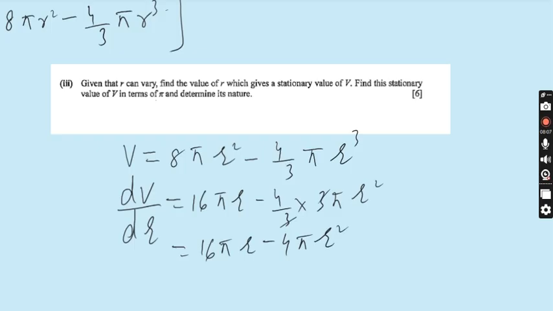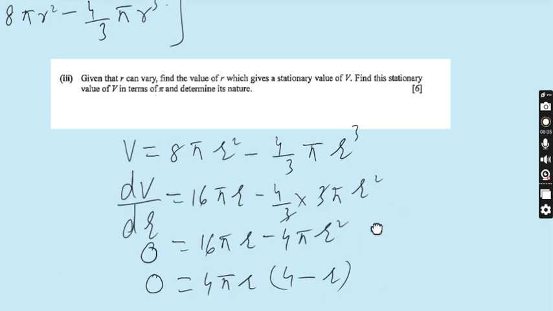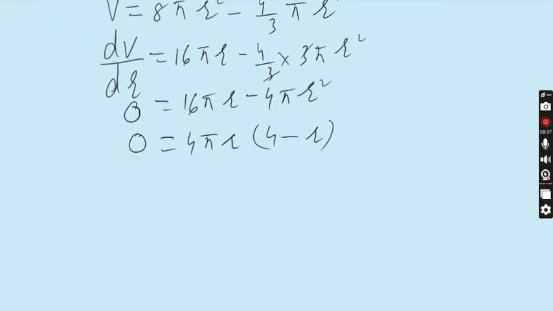Now to find the stationary value of V, we must substitute 0 for dV/dr. So 0 equals, taking common, what is common? 4πr. So 4πr(4 − r), where 4πr and r cancel.